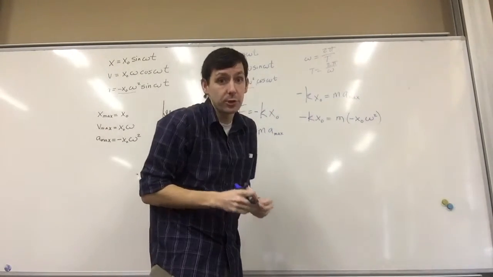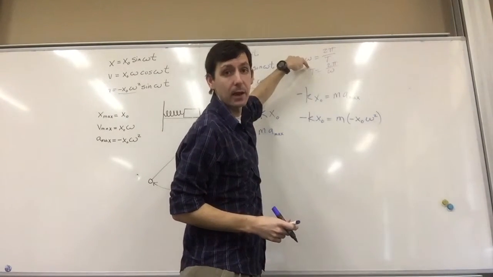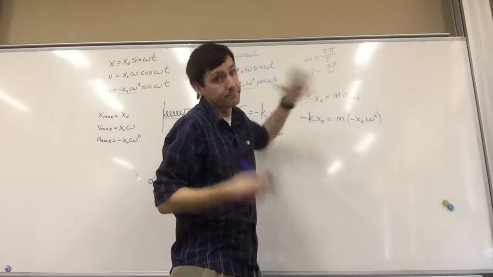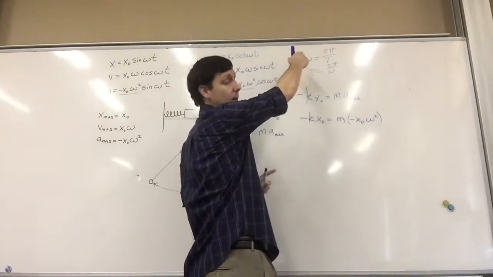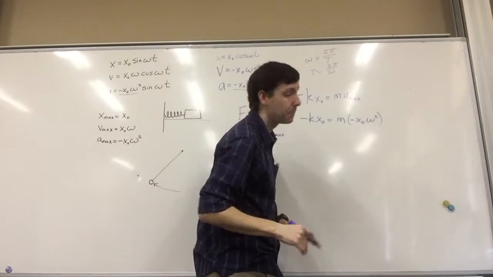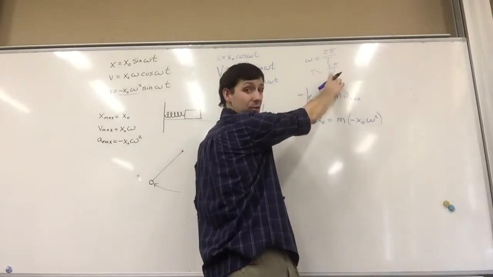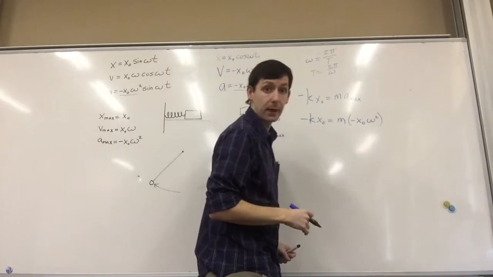It really doesn't matter which one you do. They're the same thing, right? This one I multiply by t and divide by omega, and I get this one down here. So either way, same thing. But the one I'm going to use right now is this one up here because I can substitute the omega straight in. Now, in the IB booklet, I believe this is the one that they give you, so just recognize that they're interchangeable more or less, and that you can get one from the other if necessary.